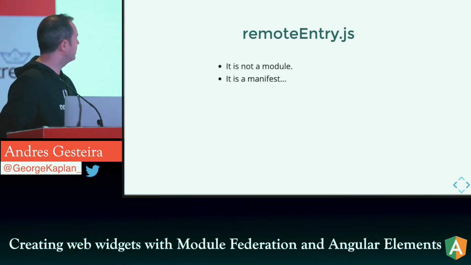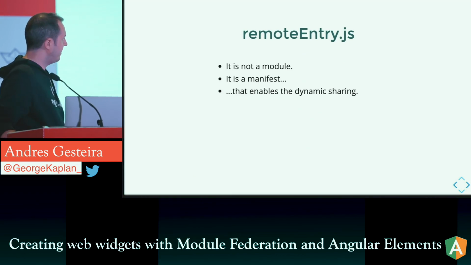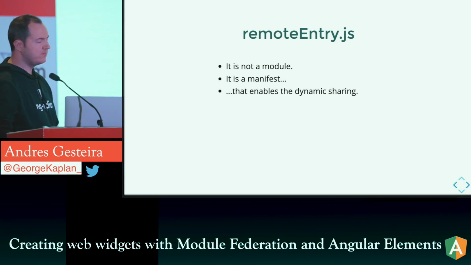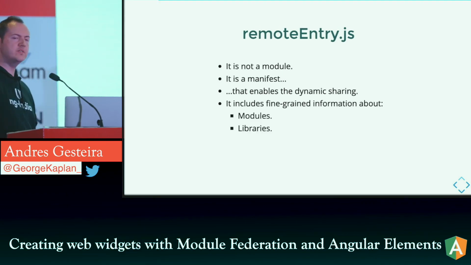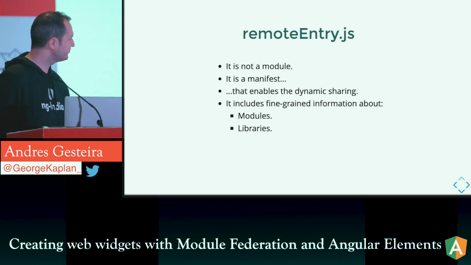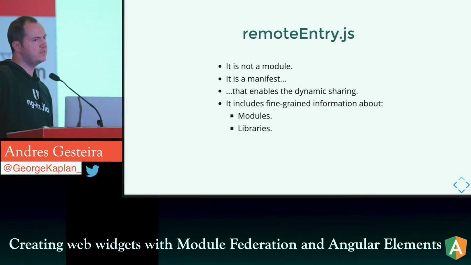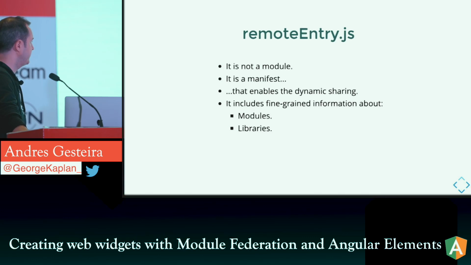And this manifest is what enables the dynamic sharing that I have spoken about and controls the module federation. It includes references to all the rest of the modules that we have seen, the shell and the remotes, and also to the libraries that those modules are importing. And that's perhaps the biggest benefit of using module federation.